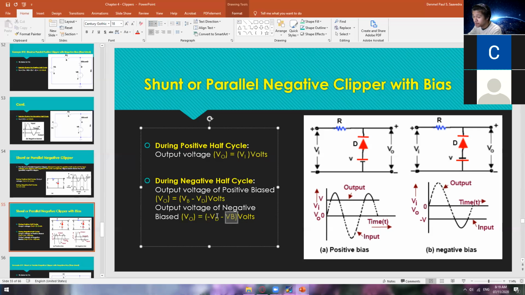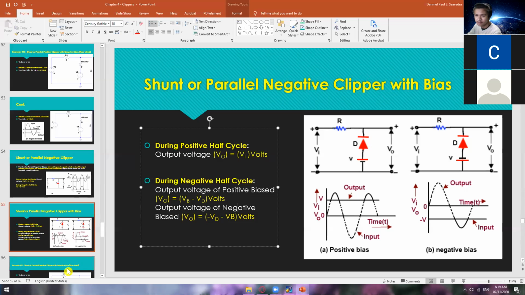Okay. So this one is super flexible. This one is only depending on the polarity of your diode and then the bias voltage. So for the negative bias, we have a negative and the negative. And then for the other one, for the positive, it is a negative and then positive. Okay. So don't get fixated on this formula. You might get an incorrect answer if there's another component in here.